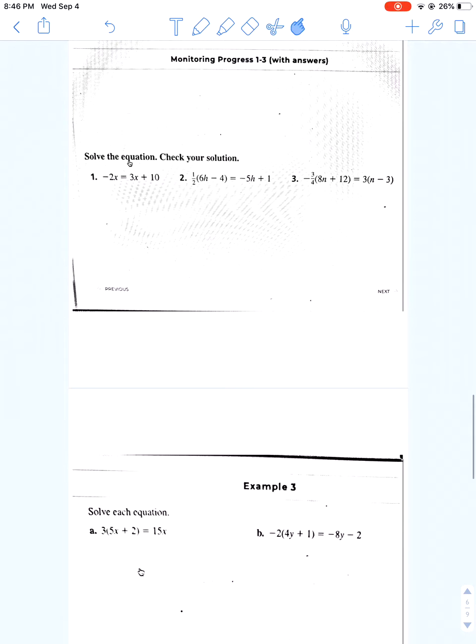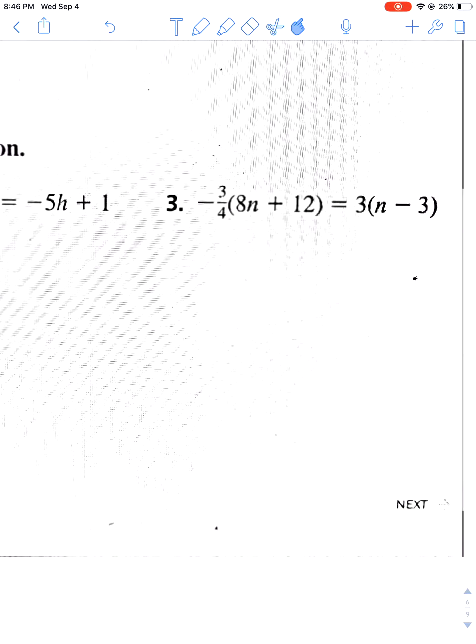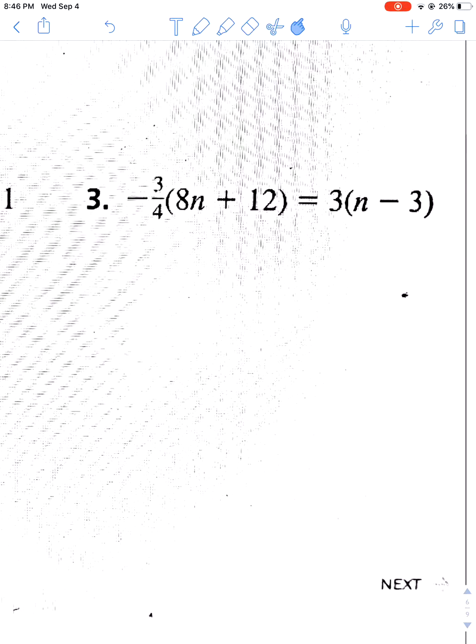Okay. Well, let's look at this one. This one's kind of interesting because we're distributing a fraction. Now, if you remember what we said a little bit earlier, when you're distributing a fraction, we're going to divide by this number and then multiply by this number.